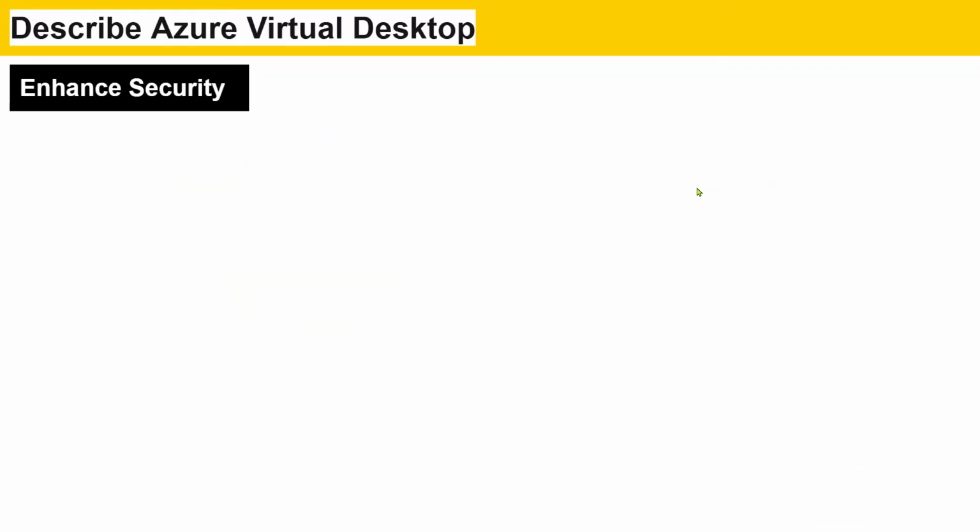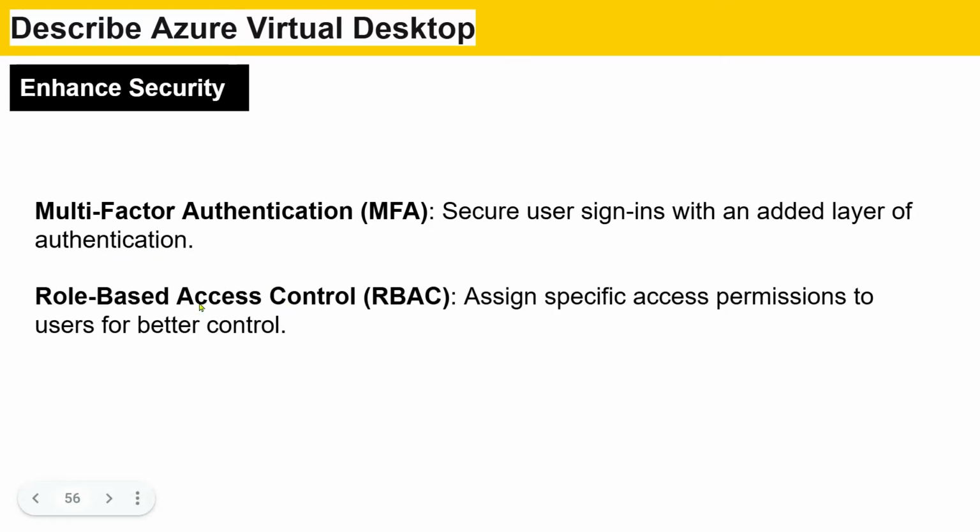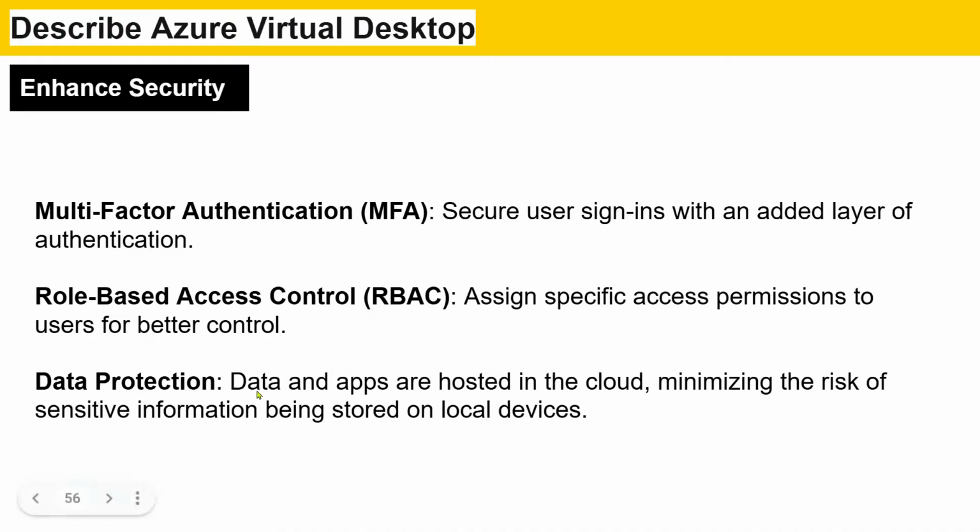One of the best parts of Azure Virtual Desktop is enhanced security. You have multi-factor authentication, secure user sign-ins with an added layer of authentication, and role-based access control, which assigns specific access permissions to users for better control. You can control the user accesses. The best part is the data protection.